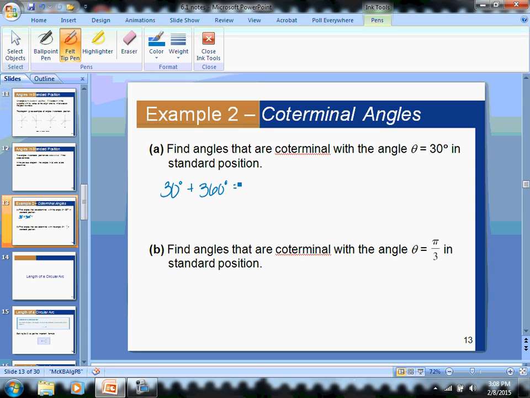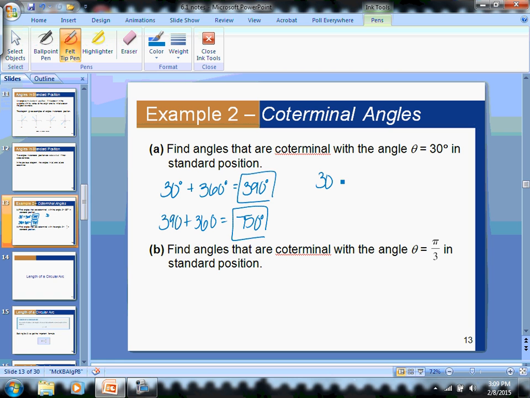And you can add or subtract it as many times as you want. So if we have 360 plus 30, we'll have 390. So 30 and 390 are coterminal. You could also do 390 plus another 360, and that would be 750. So 30 and 390 and 750 are all coterminal.